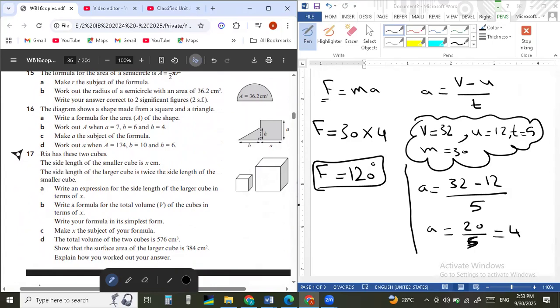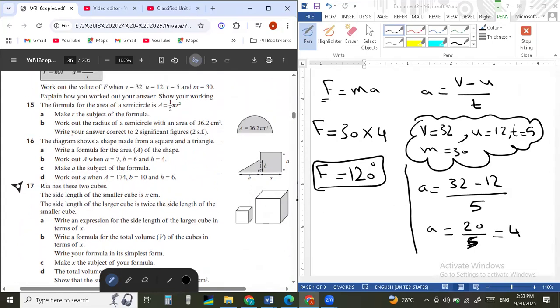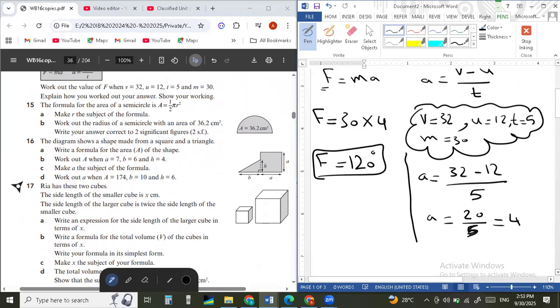Question 15. The formula for the area of a semicircle is A equals half pi r squared. Make r the subject of the formula.